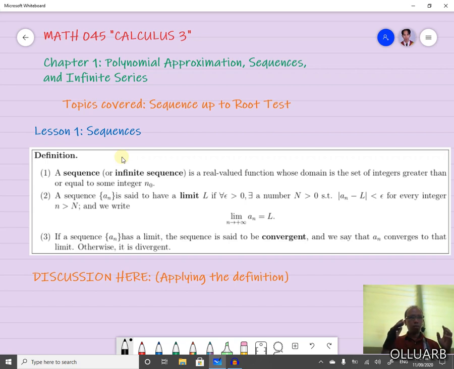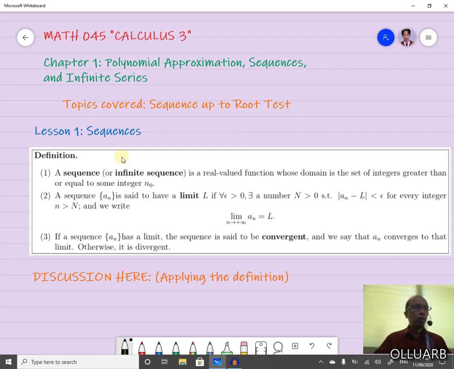You will not be able to understand what an infinite series is, or what we mean by polynomial approximation, and all of that. So if you don't understand it, please repeat it again and again until you comprehend the idea of what it means to be a sequence.